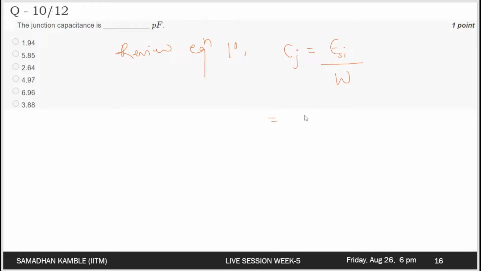So if you substitute 11.9 times 8.85 times 10 to the power minus 14, it is in centimeters, divided by the depletion width in centimeter, that is 0.36 times 10 to the power minus 4.